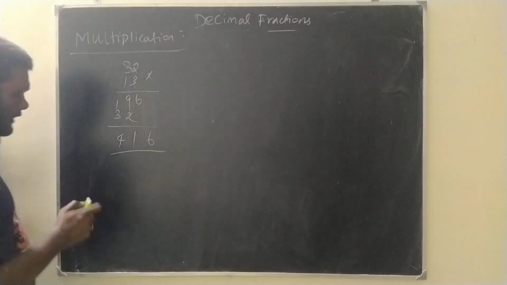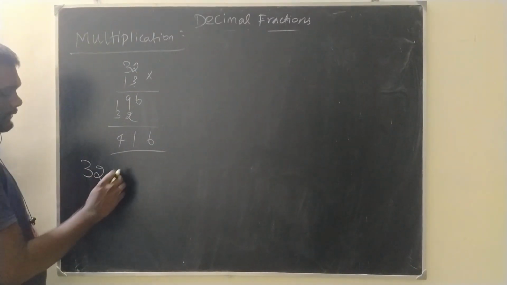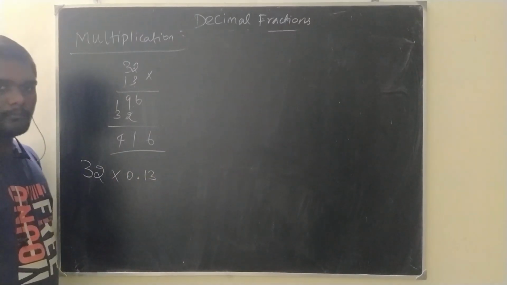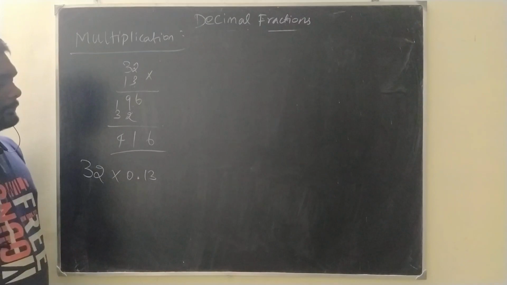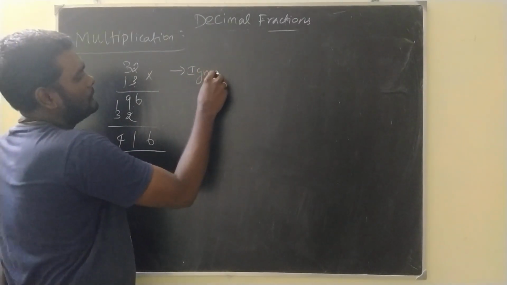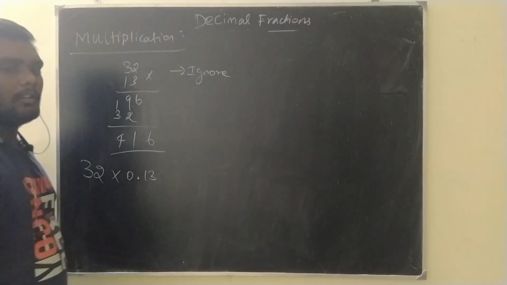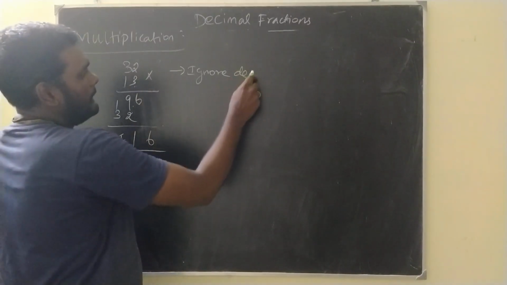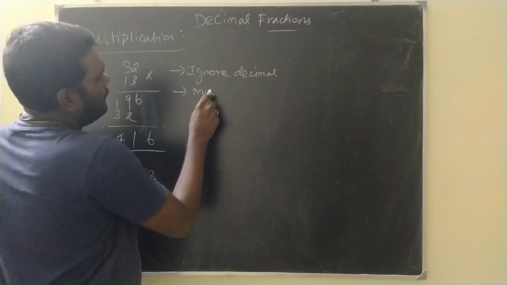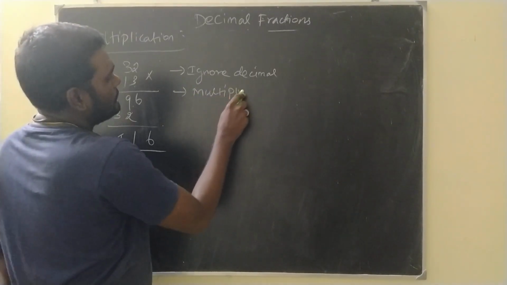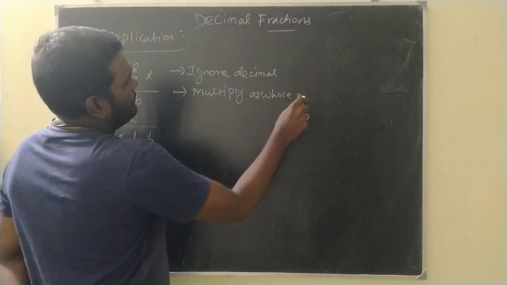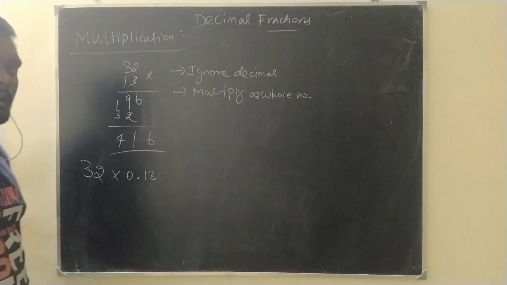What if the same number 32 into 0.13? Then the first step is to ignore the decimal point. Multiply as whole number.